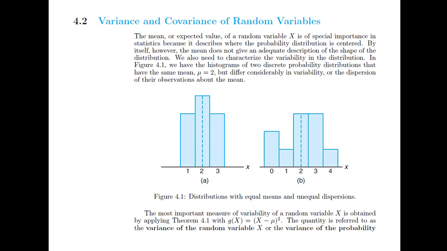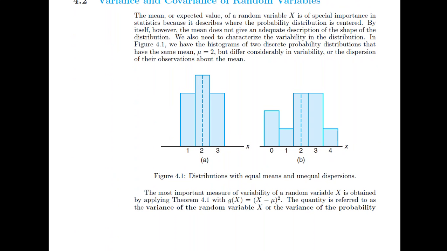In Figure 4.1, we have the histograms of two discrete probability distributions that have the same mean, μ = 2, but differ considerably in variability or dispersion of their observations about the mean. The most important measure of variability of a random variable X is obtained by applying Theorem 4.1 with g(X) = (X − μ)².